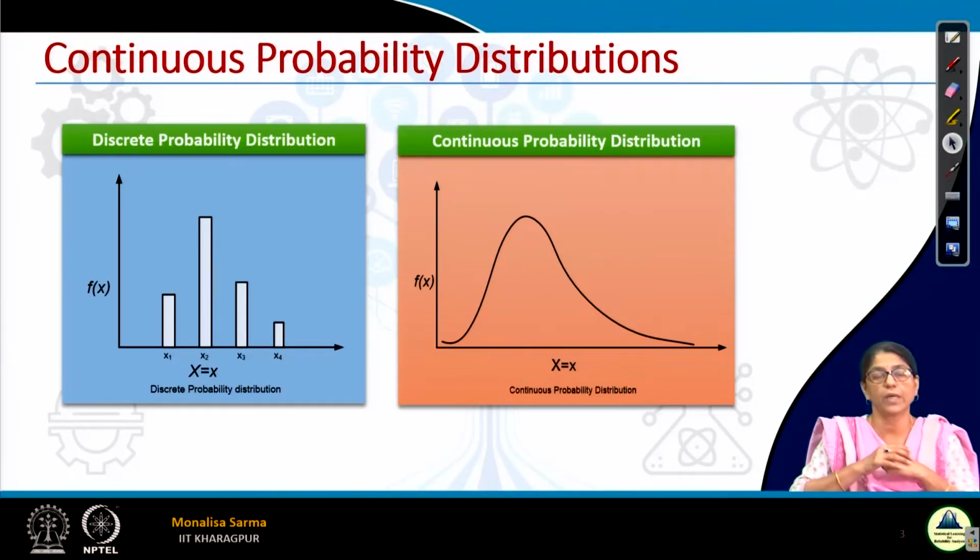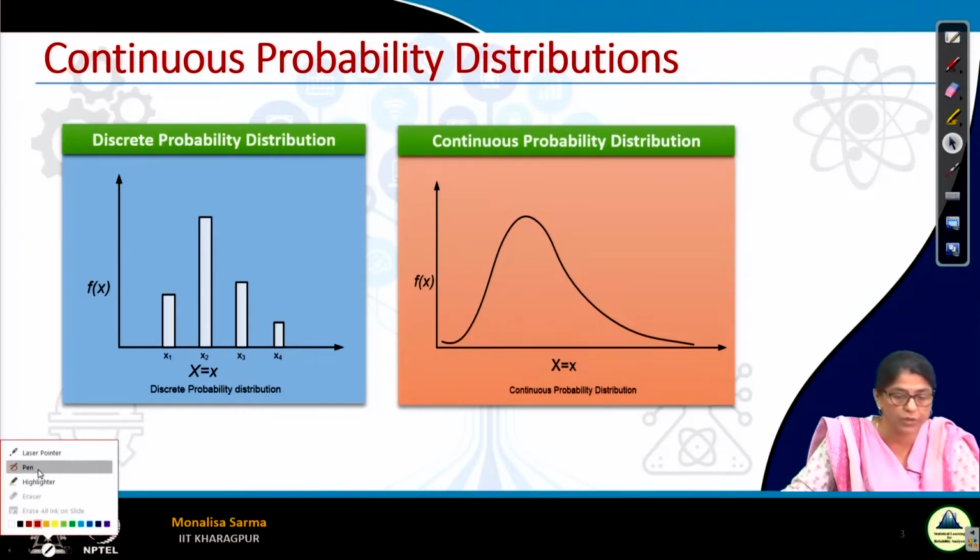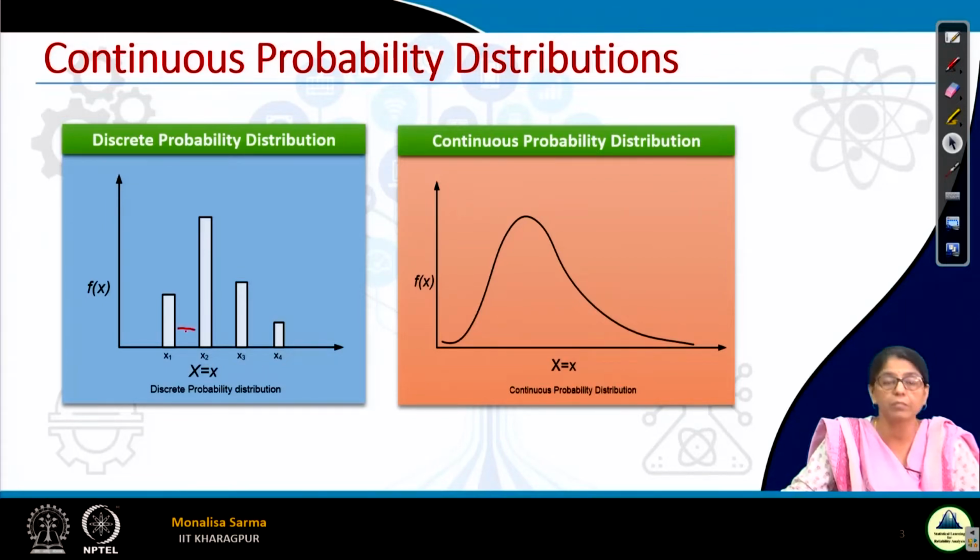How can I distinguish that it is a bar chart, not a histogram? Because in a histogram there will not be any gap between the rectangles. Let me take the pen and show you. Can you see this gap? In a histogram, this gap will not be there.